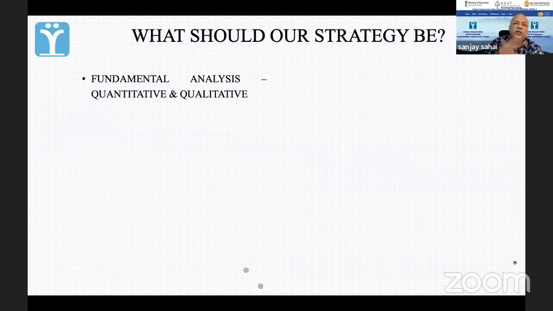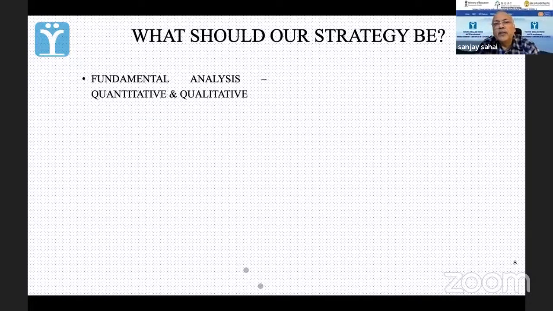This concept of looking at financials is quantitative fundamental analysis, because quantitative means numbers. I'm looking at the balance sheet, the cash flow statement, the income statement. Everything is a number ultimately. I'm just trying to see, is this company really doing well?